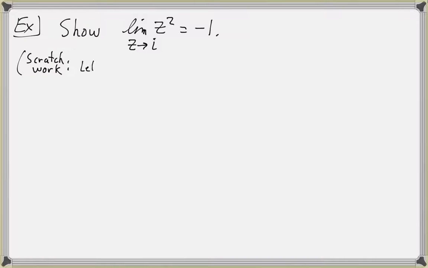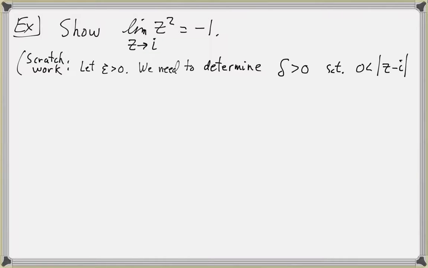So if epsilon is greater than 0, we need to determine the value for delta greater than 0, such that if the absolute value of z minus i is less than delta and greater than 0, this will imply that the absolute value of z squared minus -1, so z squared plus 1, will be less than epsilon.